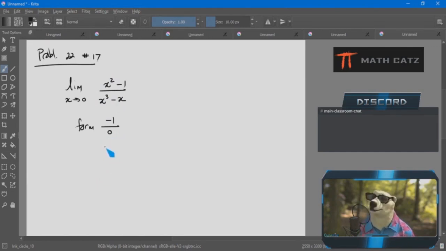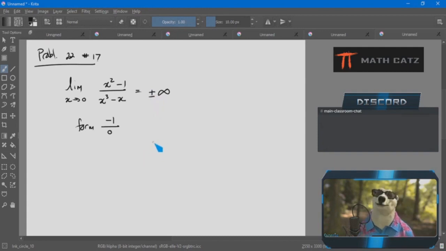I claim it tells me almost everything. If I have the top going to a non-zero constant and the bottom shrinking down to 0, there is only one way this is going to happen. The whole thing blows up, in this case to negative infinity, but if you want to say plus or minus, I'm not going to care.